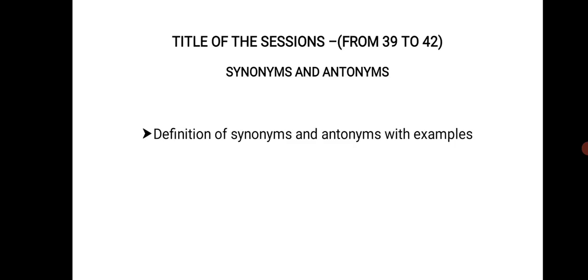So I need not explain to you the definition of synonyms and antonyms because almost all the students are very familiar with these words. Till your 10th standard you are very familiar with giving similar words or opposite words.